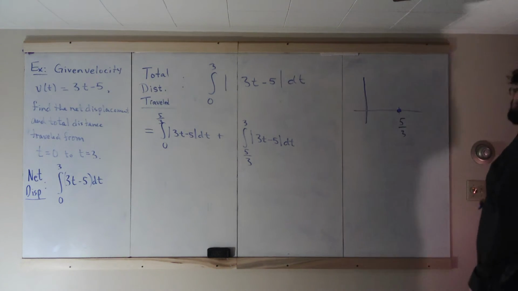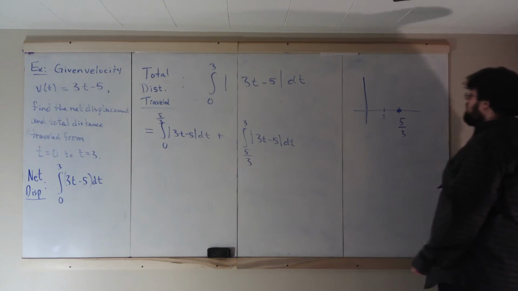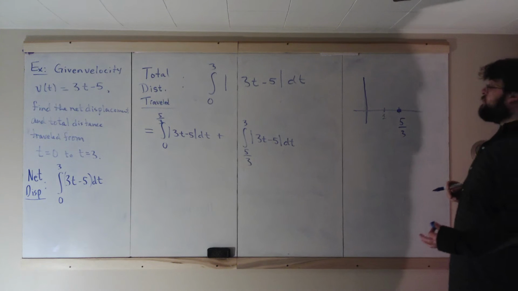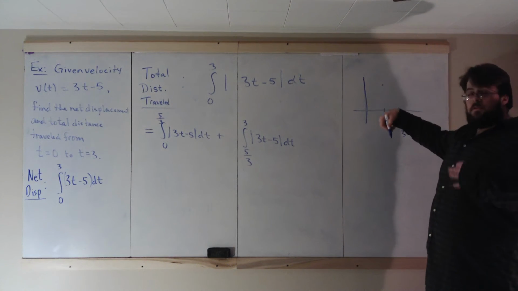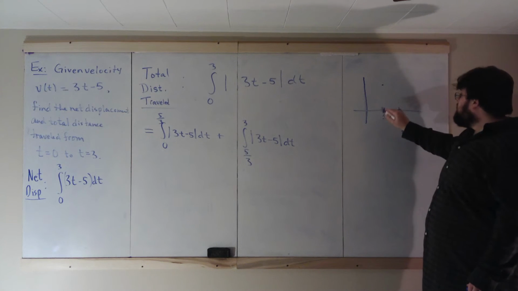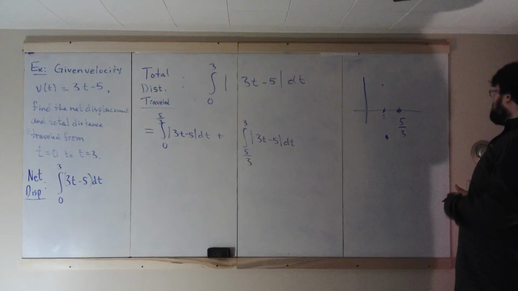Well, what you could do is pick a point here. Say 1. And if 3t minus 5 is positive, then the absolute value is itself. If 3t minus 5 at 1 is negative, then you have to take the negative of everything.